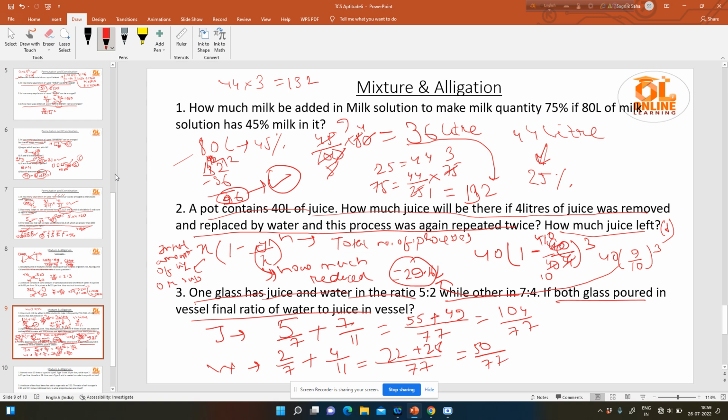So the ratio between water to juice would be 50 by 77 is to 104 by 77. 77 would cancel, so 50 by 104, that would be 25 by 52. So 25 is to 52 is your answer. Okay, now let us move to the next question.